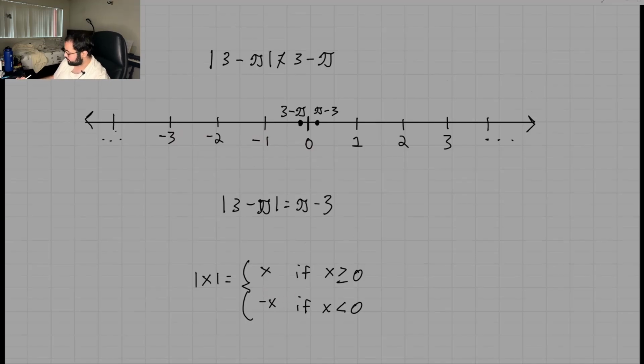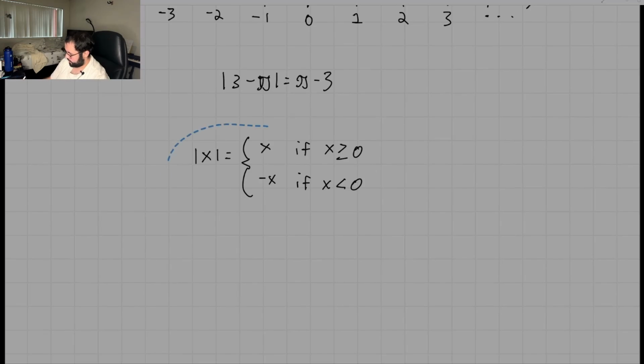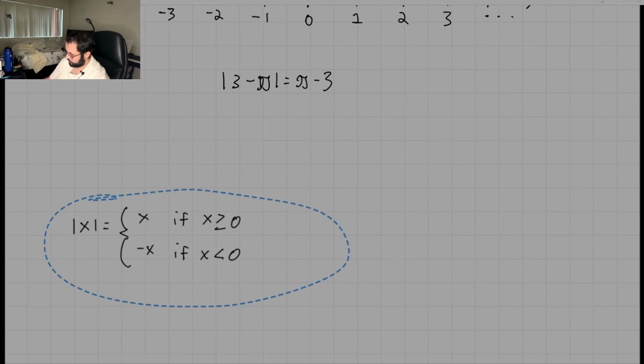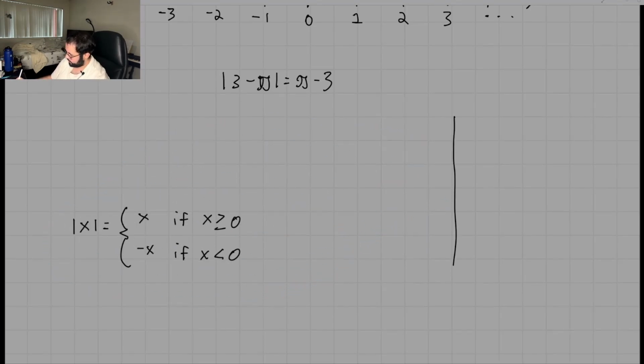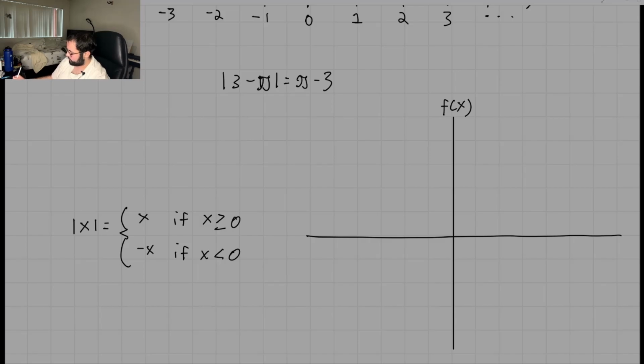And now that we have a function algebraically, we can draw the graph. So here, the point where our domain is split is at x equals 0, and we know that for x greater than 0, it's equal to x, so it's going to look something like that.